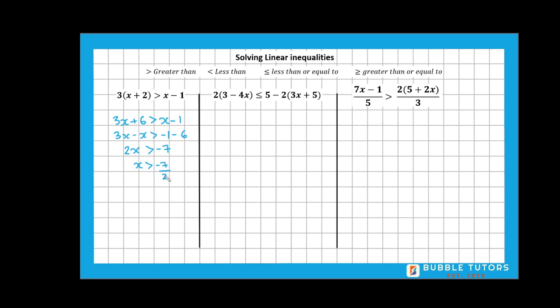And then just to prove whether this solution is correct, we can find a value of x which is more than minus 3.5 and substitute it back into the original inequality and see if it satisfies it. So if we put minus 2, which is larger than minus 3.5, let's see if it satisfies this inequality, which is greater than.